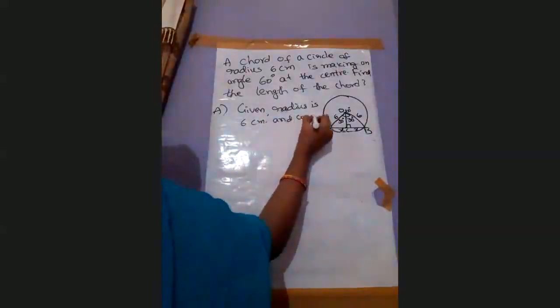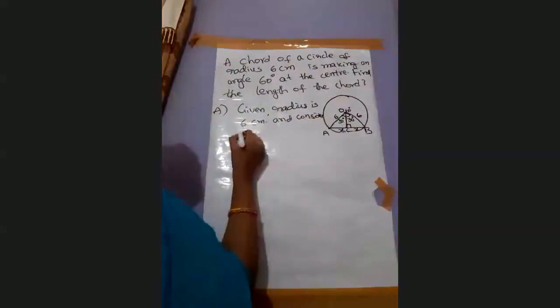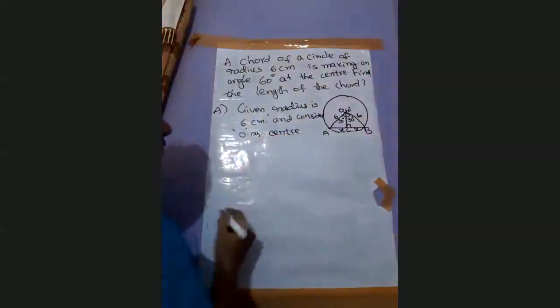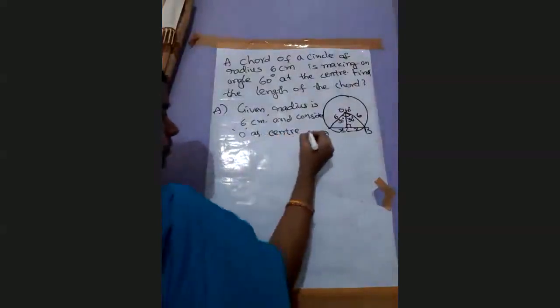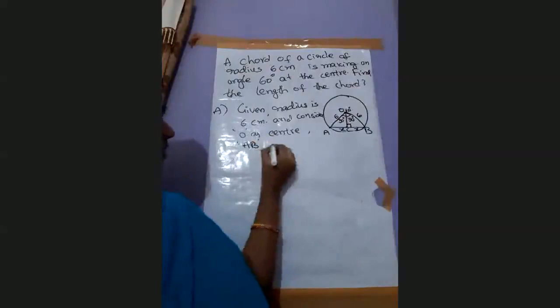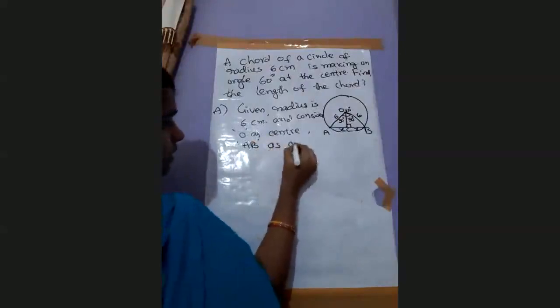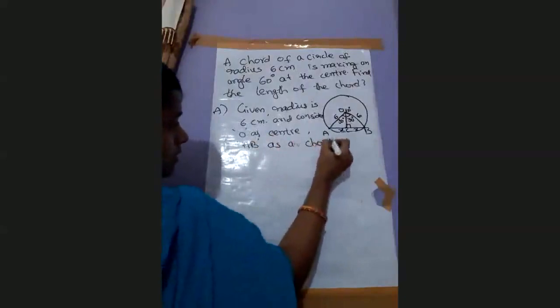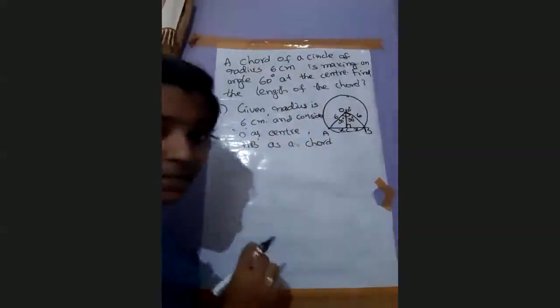Consider O as center, and AB as a chord. So we consider AB as a chord.